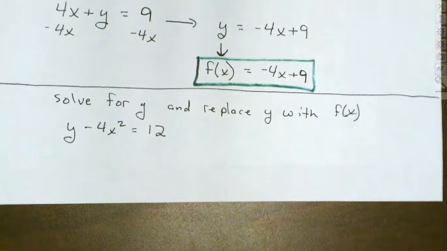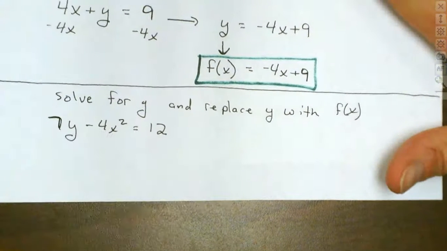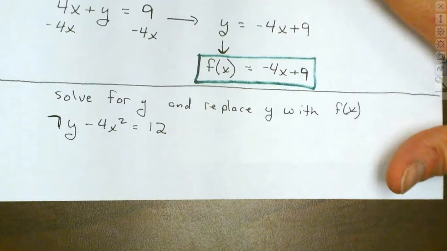So, well, let's put a 7 in front of that y too. That way you have to divide as well. So we'll put that 7 there. So 7y minus 4x squared equals 12.